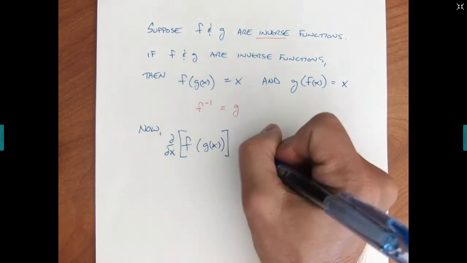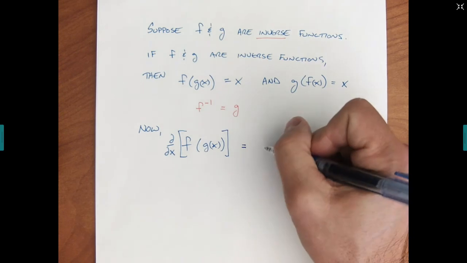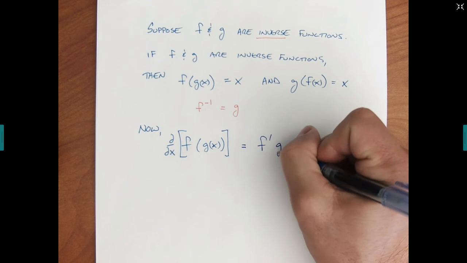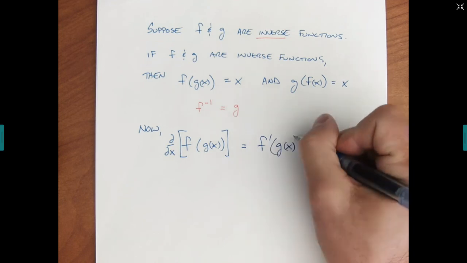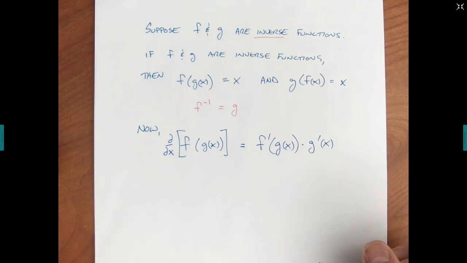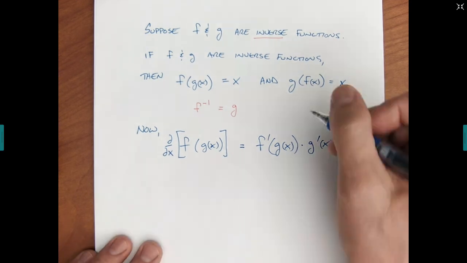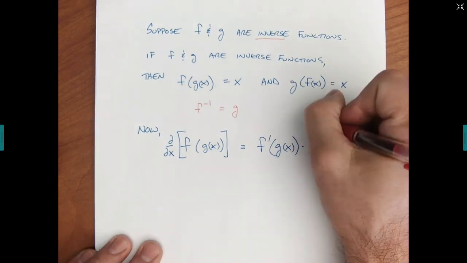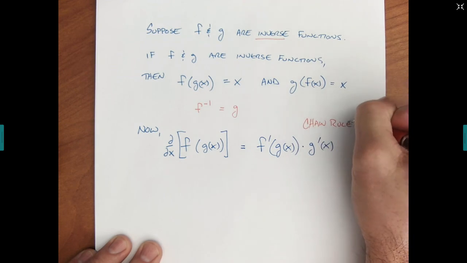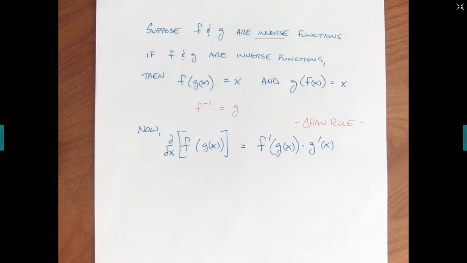Well, here comes our chain rule. And I know you know this one well, so just think about it for a moment. And of course it's f prime composed of g times g prime. And I'll just put by the chain rule. There we go.